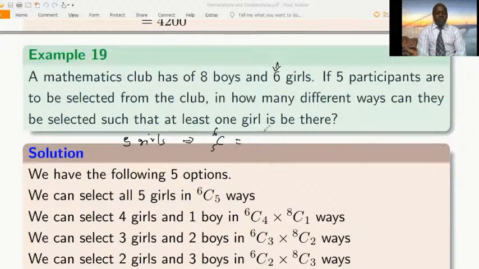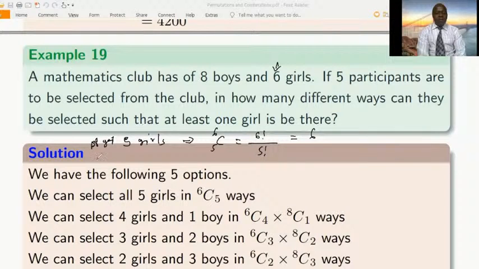Which is 6 factorial divided by 5 factorial. And this is just 6. That is the first way, because we just want that a group must have at least one girl. So a group can also have all girls. So that is our first group. First group has all the girls.